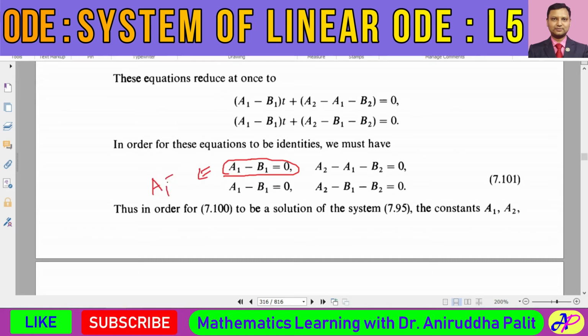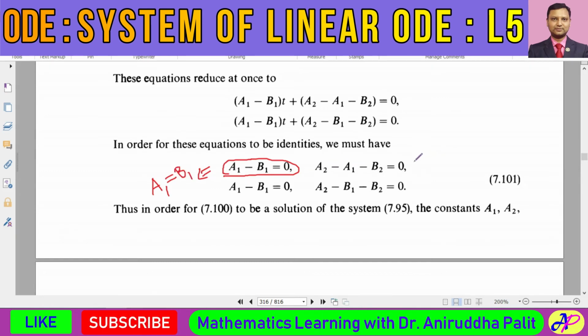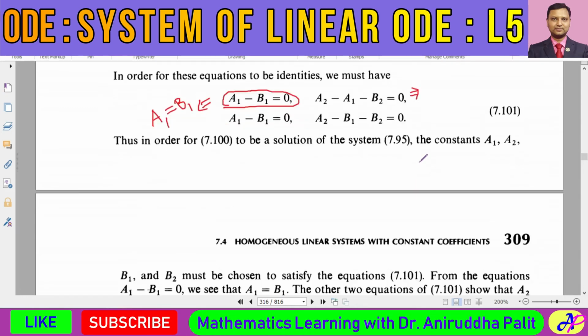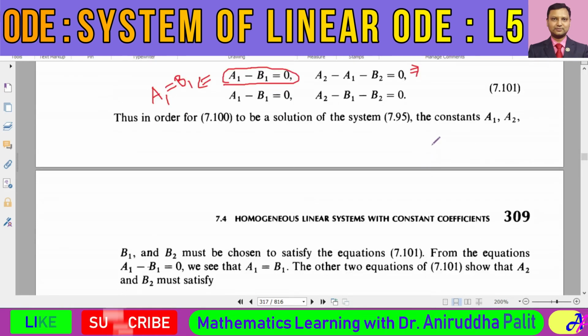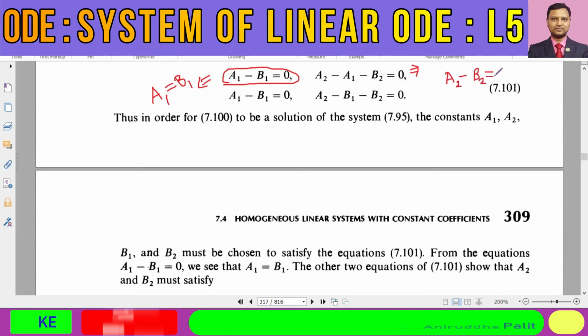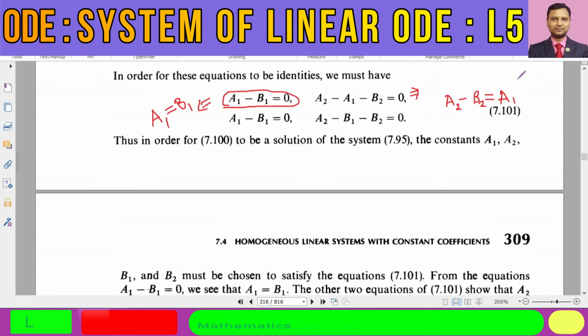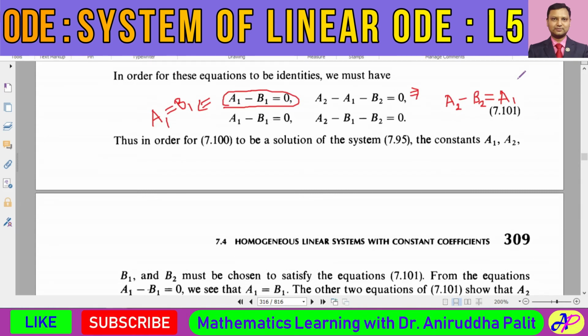From the second relation, we get a2 minus b2 is equal to a1. You see, we have four unknown quantities, a1, b1, a2, b2, but we have two relations.